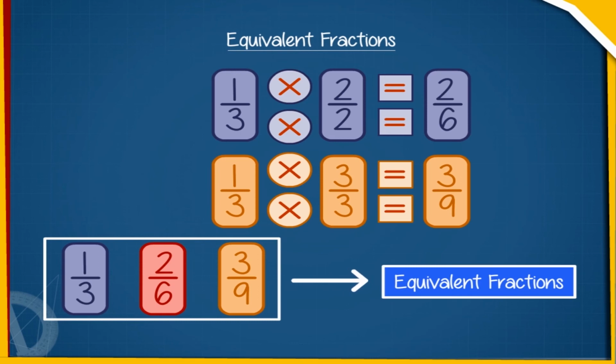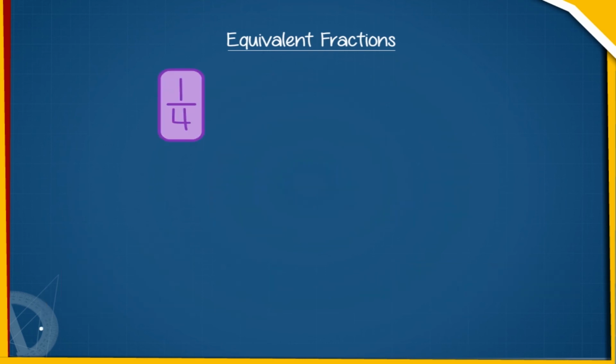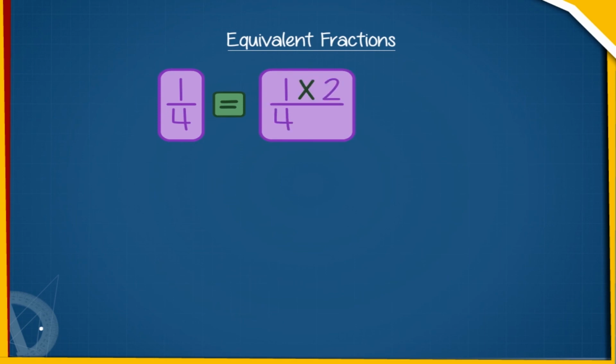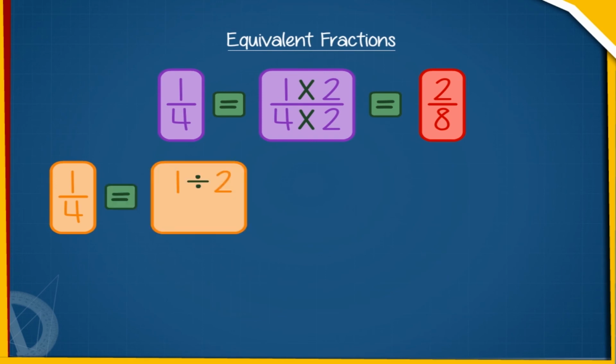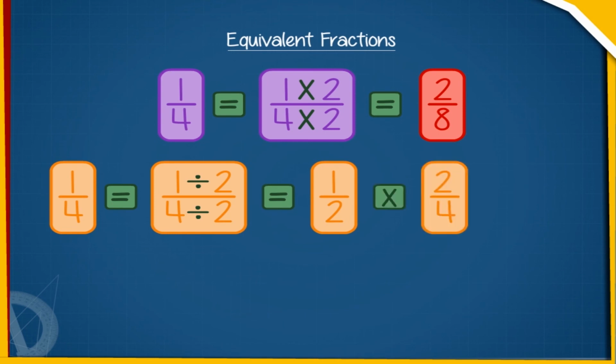Equivalent fractions of a fraction can be obtained by multiplying or dividing its numerator and denominator by the same non-zero number. 1 by 4 is equal to 1 into 2 by 4 into 2, equal to 2 by 8, and 1 by 4 is equal to 1 divided by 2 upon 4 divided by 2, equal to 1 by 2 into 2 by 4, equal to 2 by 8.